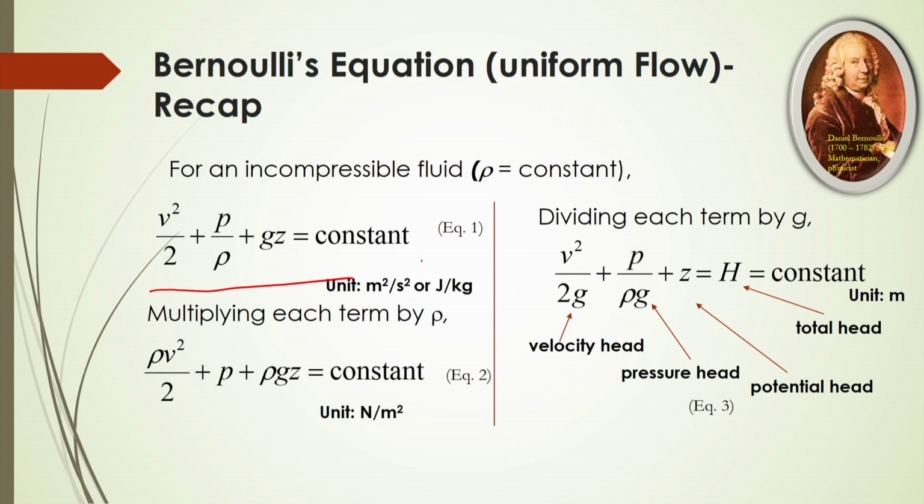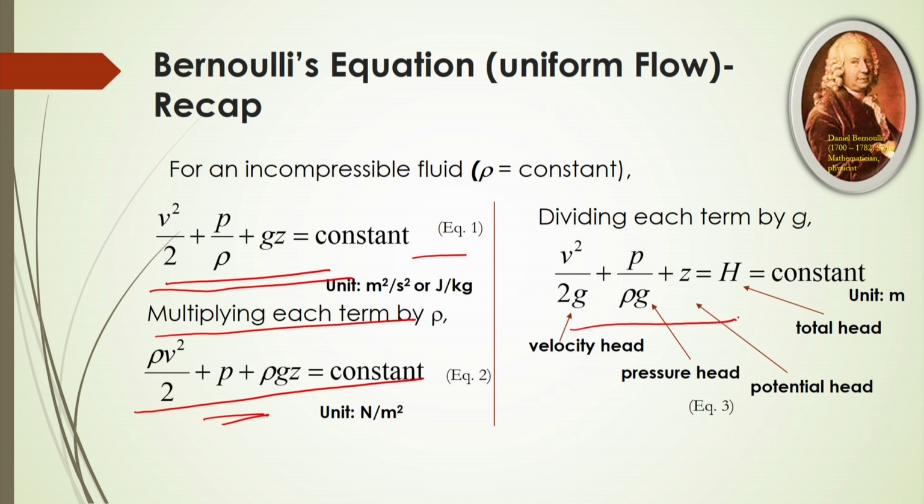This is Bernoulli's equation, and it can be represented in other ways also. In terms of pressure it is rho V square by 2 plus P plus rho g Z equals constant, and the earlier form is in terms of energy, and the third is in terms of head.